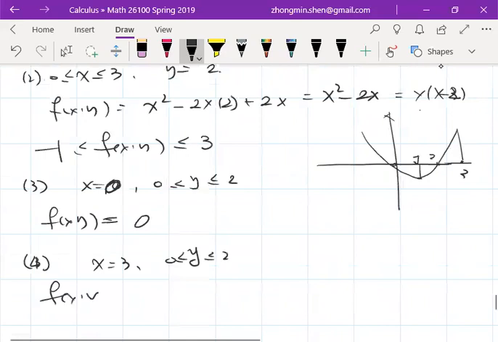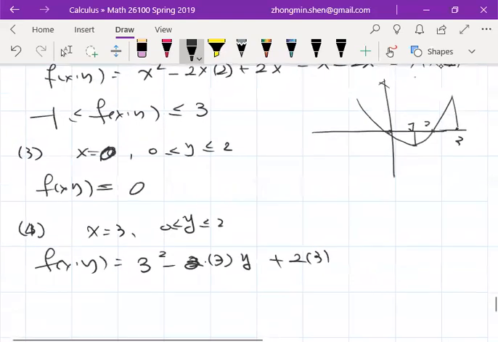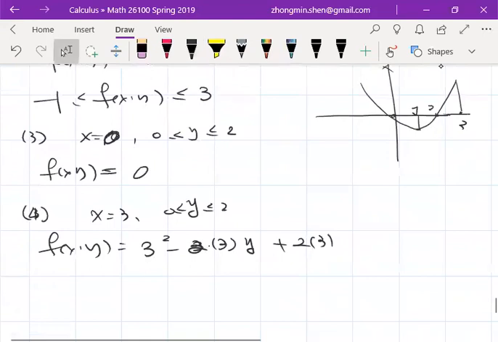So in that case, x equals 3: 3 squared minus 3 times 2 times 3, y plus 2 times 3. Okay, it's a linear function. When x equals 3, it is going to be 9 minus 6y plus 6, 15 minus 6y.